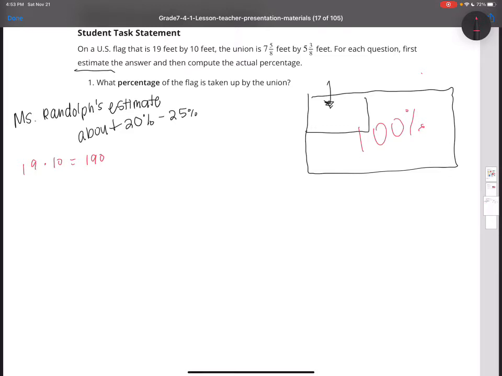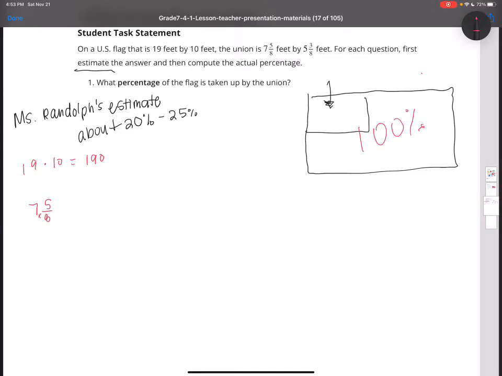Now, when I work with mixed fractions, I want to change them into improper fractions anytime I do calculations with them, okay? So in order to turn a mixed fraction into an improper fraction, you multiply the whole number by the denominator, and then add the product to the numerator.